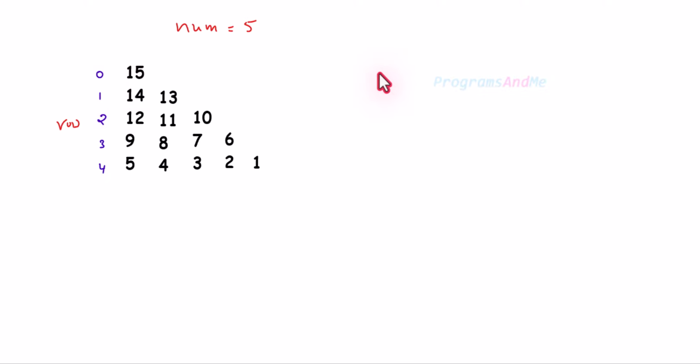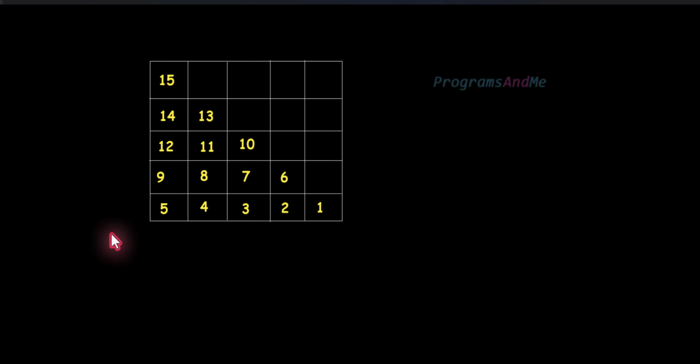The formula which we used there is simple. We'll consider this as a square pattern, and first we'll calculate the total places present in this whole pattern, that is 25 here, 5 rows and 5 columns, so 25. Then we'll calculate the number of spaces. Here it is 10, so 25 minus 10, that is 15. So we'll get the first number of the pattern.